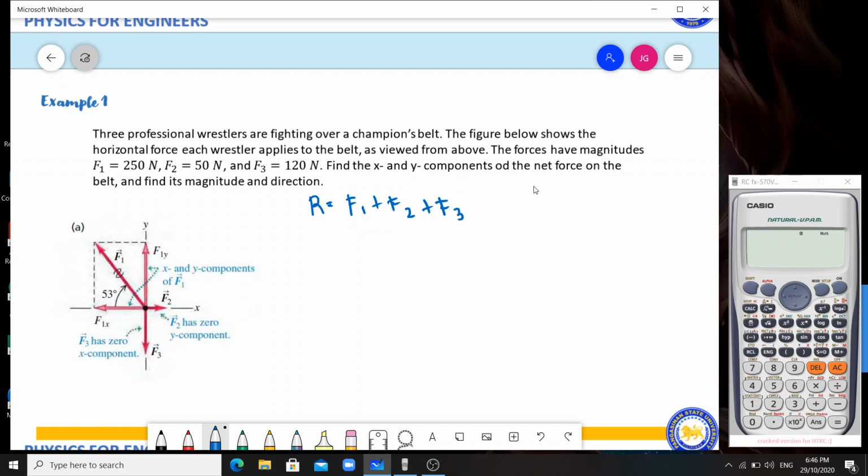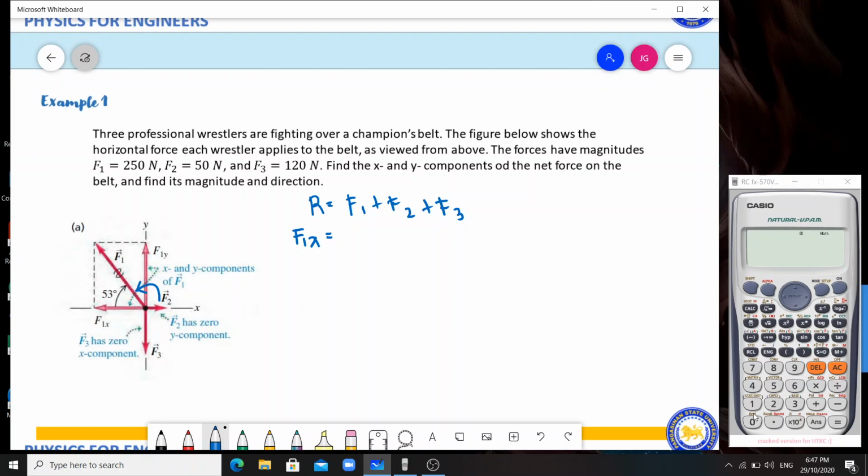In order to do this, we first have to get the x and y components. Starting with F1, we have 53 degrees above the negative x, so we have to get the angle from the positive x direction, counterclockwise.